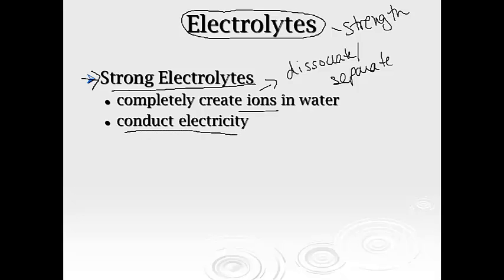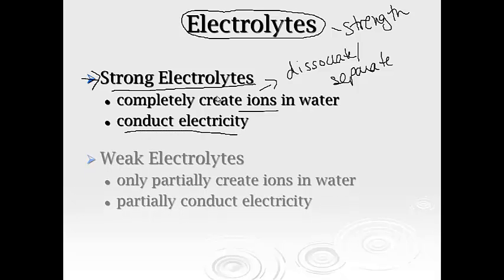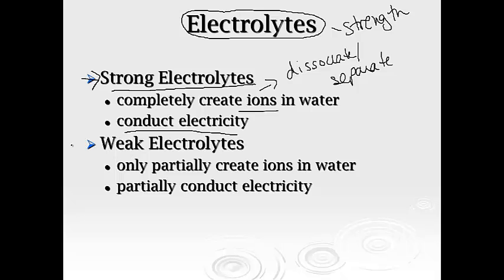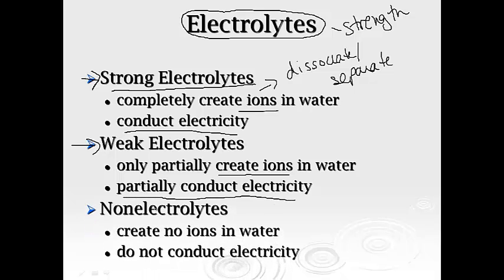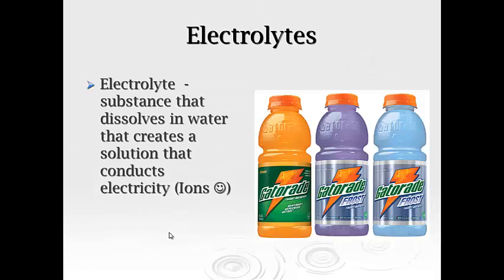Strong electrolytes conduct electricity because they have all these charged ion particles floating around. Weak electrolytes will only partially separate or create ions in water, and they are partial conductors of electricity. And then you have non-electrolytes. This is our second group of 3 where everything is related. These will not create ions in water, and they do not conduct electricity.